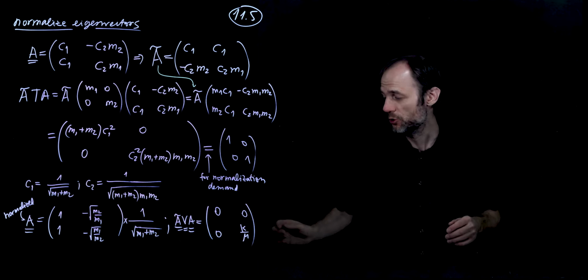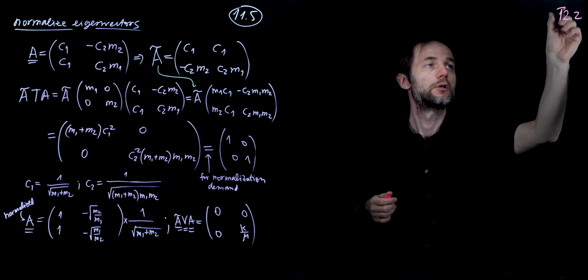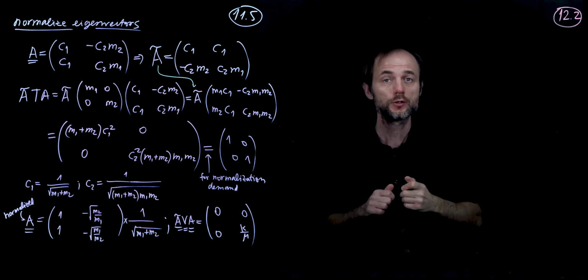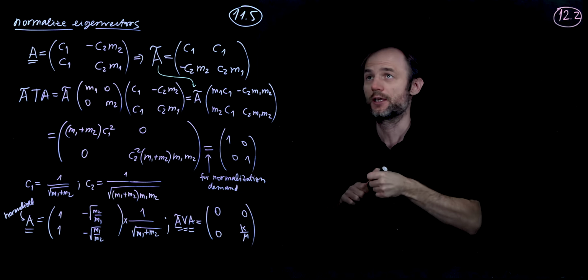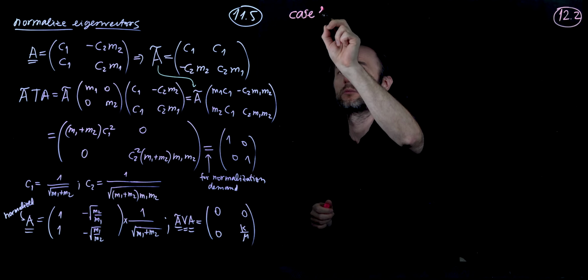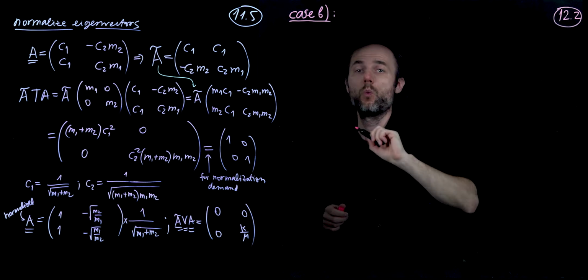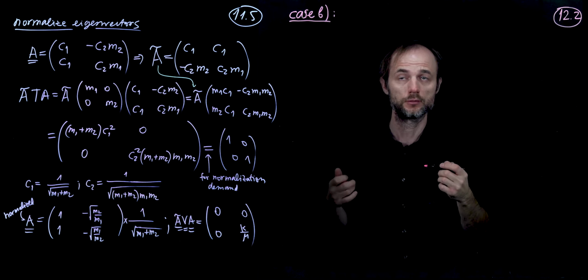Hello, and welcome to part 2 of lecture 12, where we're going to continue discussing reference frames. And now we're going to consider case B, when the train velocity is not a constant.